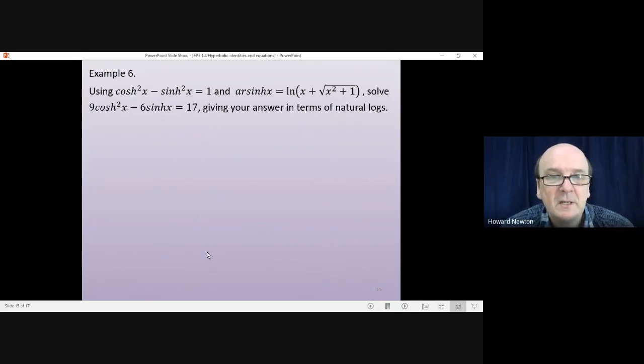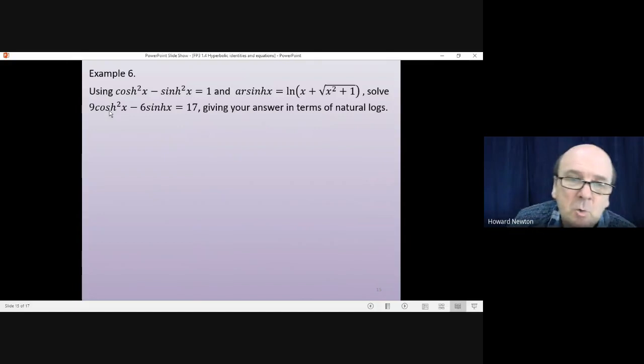Example 6. Using cosh squared x minus sinh squared x equals 1, and arsinh x is equal to the log of x plus the square root of x squared plus 1, solve the equation 9 cosh squared x minus sinh x equals 17, giving your answer in terms of natural logarithms. Now they've told you what to use, so we're going to change the cosh squared here into 1 plus sinh squared.